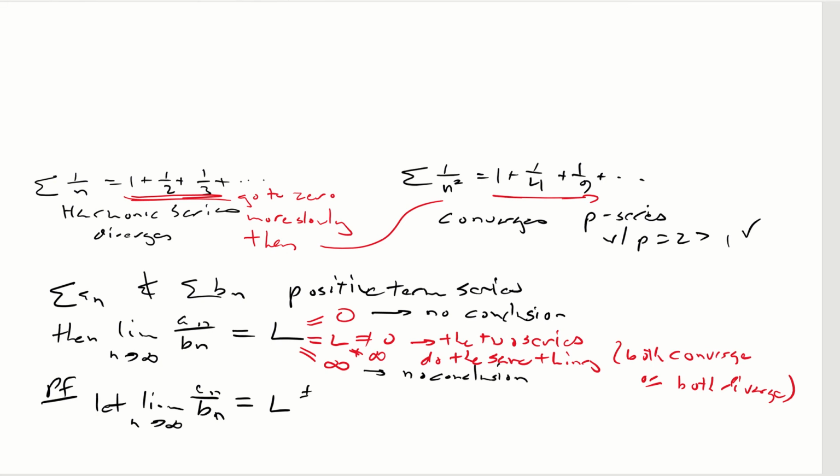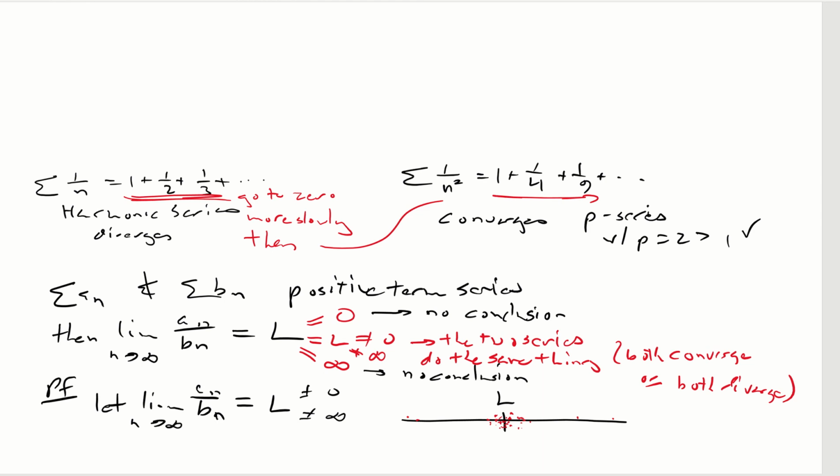Let's say it's not 0 and it's not infinity. So somewhere out in the number line, these guys cluster around L, the ratio of these guys. Okay, I know at the beginning they could be way out there somewhere, but as you go farther along, they get closer. That's what limit means. You get closer and closer.